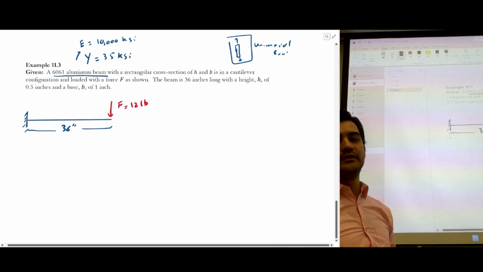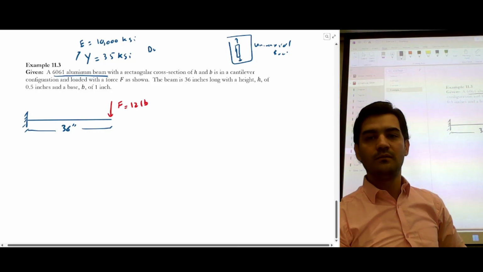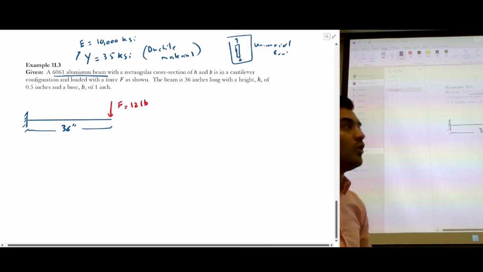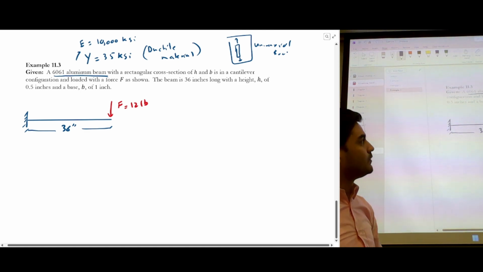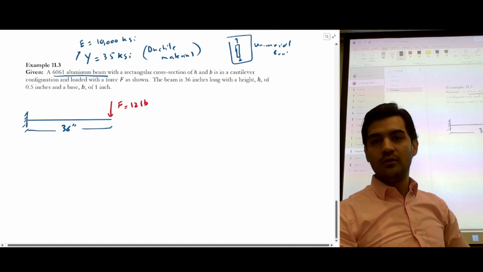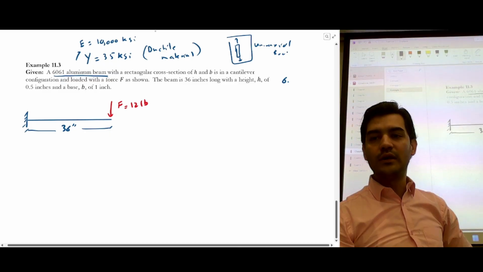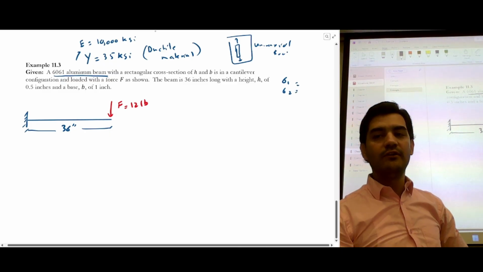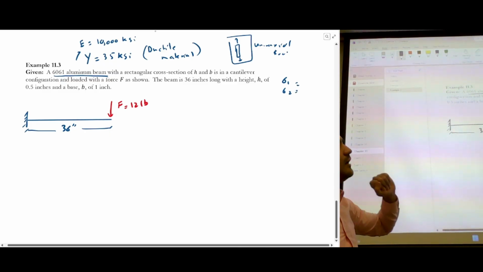This is aluminum, so let's say this is a ductile material, and we have to use Tresca and von Mises theory to figure out failure. But in Tresca and von Mises, we need to calculate stress 1 and stress 2. If we know stress 1 and stress 2, then we can figure out failure.